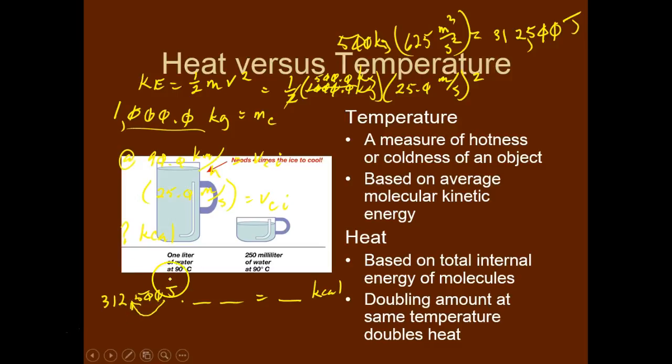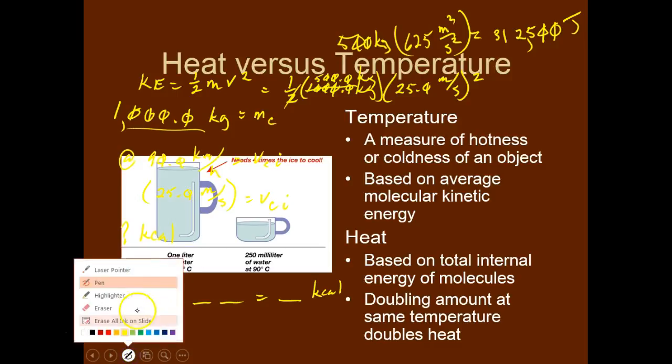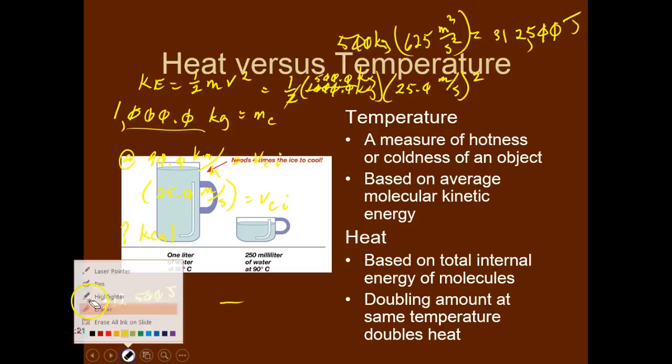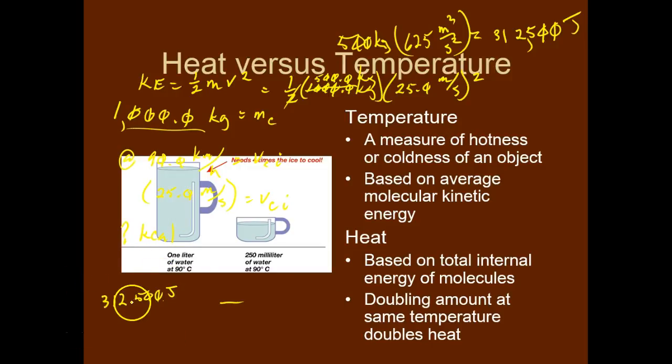In fact, we could do that as part of our thing. You might be a little rusty on this, so let's take one more step here. Let's take an extra step. Joules multiplied by, and then multiply it again, and equal blank kilocalories.